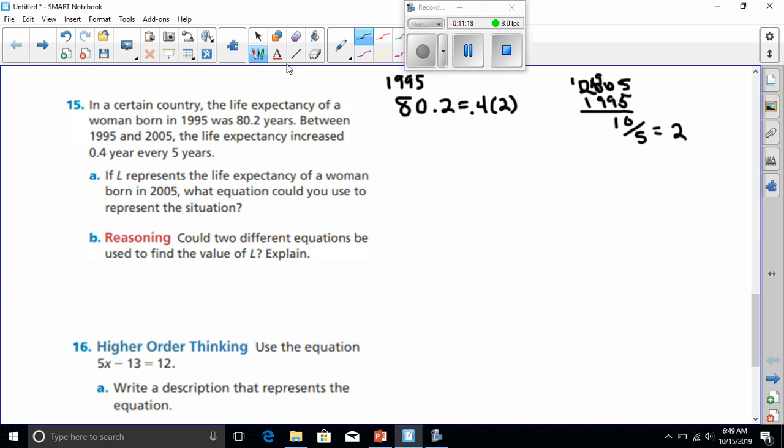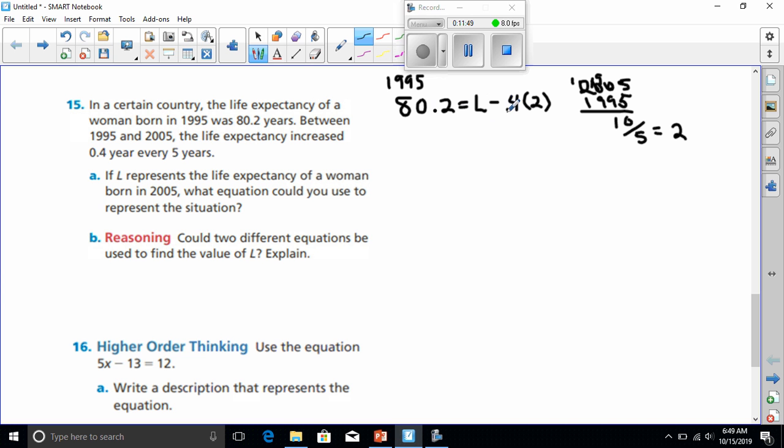So in actuality, I think what I'm going to have to do is state that the life expectancy, which is going to be L here, right? It says L represents the life expectancy of a woman born in 2005, is going to be minus 0.4 times 2.